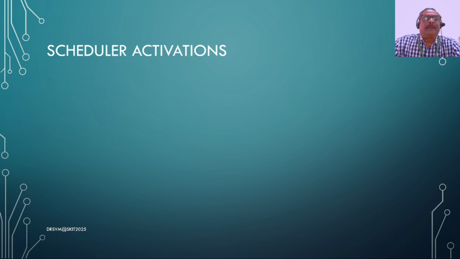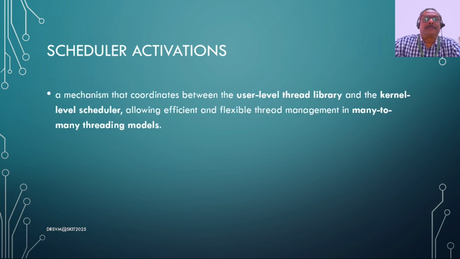Then we have, finally, scheduler activations, a mechanism that coordinates between the user level thread library and the kernel level scheduler, allowing efficient and flexible thread management in many threading models, as we have seen in the previous session.